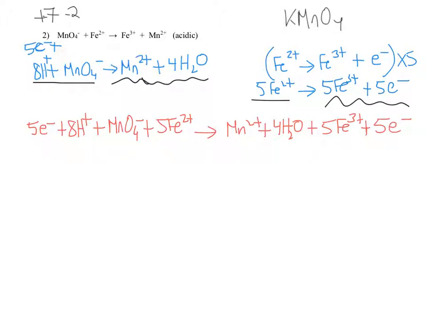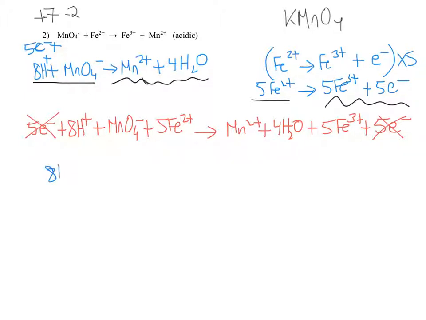If you did it correctly, your electrons should always cancel. Sometimes other things cancel, like your H pluses or your H2Os, but not in this case. So then just rewrite it so it looks neater.